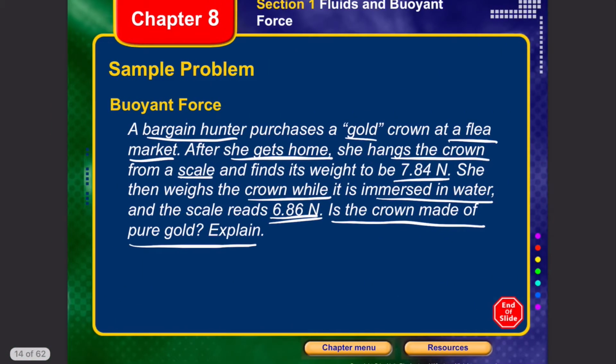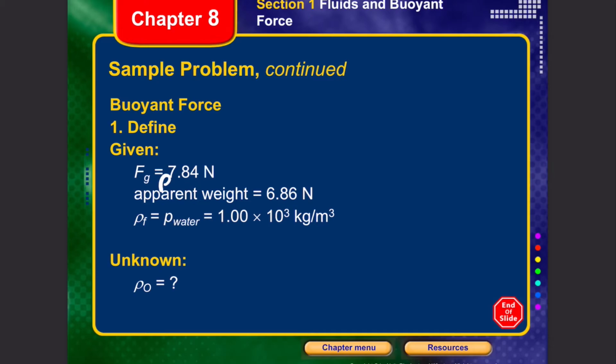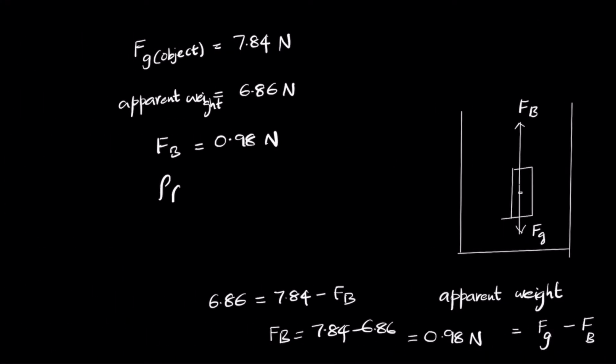Next, we are submerging it into water. So which means that the density of the fluid here is 1000 kilogram per meter cube, which is the general density of water. Now the one thing that we do not know here is the rho naught value.